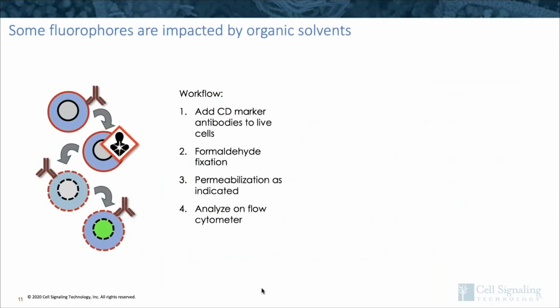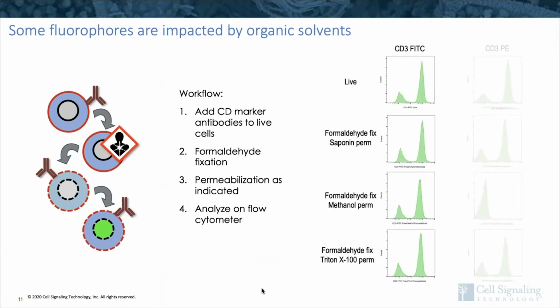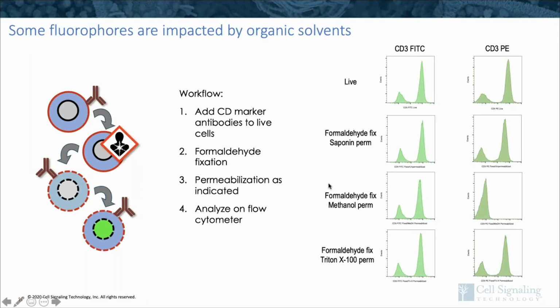So as a final point, I mentioned before that some fluorophores are impacted by organic solvents. In this case, we've taken some PBMCs and stained them with a CD3 clone that's conjugated to either FITC, which is a small molecule fluor, or a protein-based fluor.